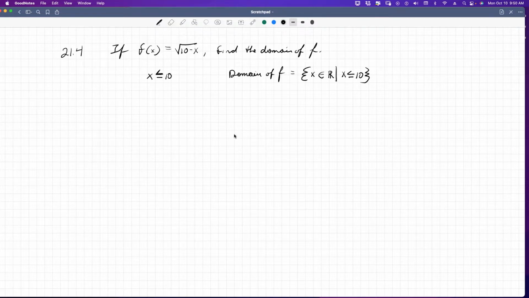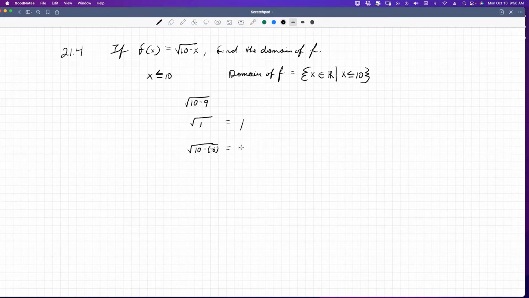Always double check it. And to double check it, all you have to do is sub in some numbers. So let's look at anything that's less than or equal to 10. 10 minus 9, square root of 1 equals 1. All right. Let's try a negative number in here. 10 minus -6. Well, that would equal 16.